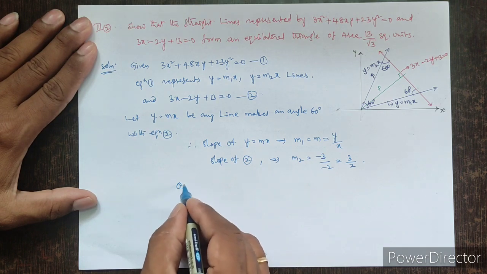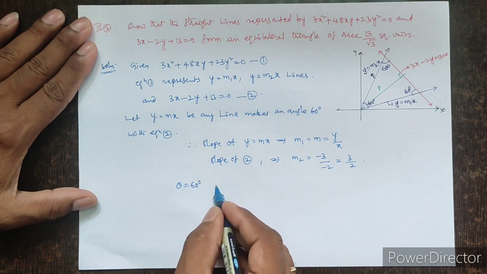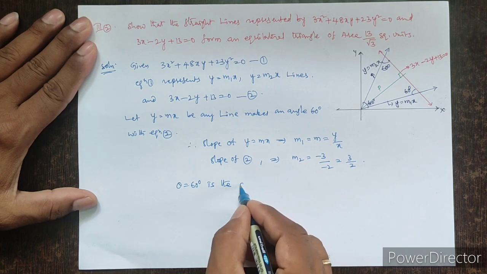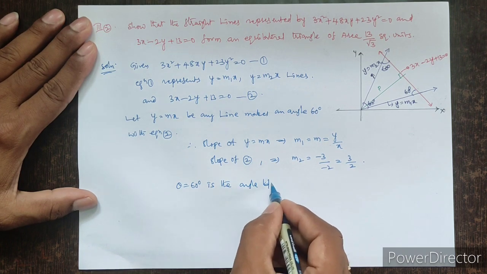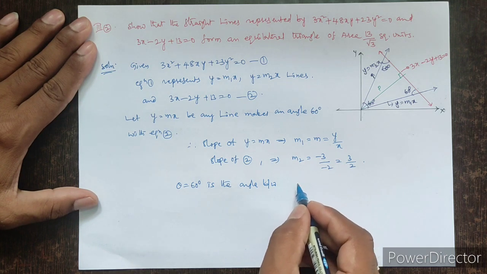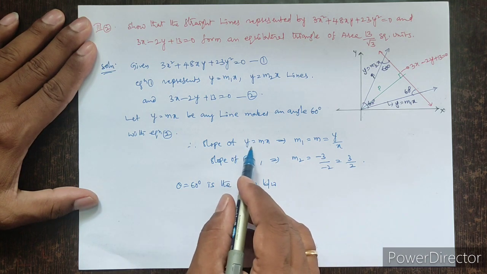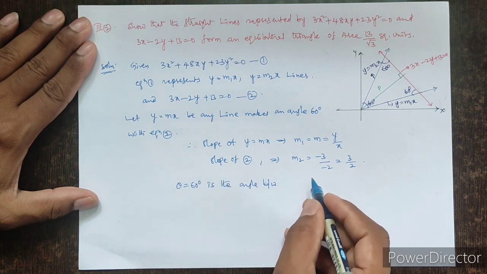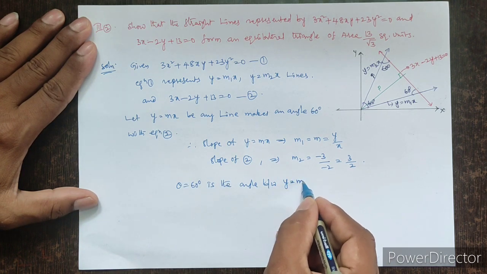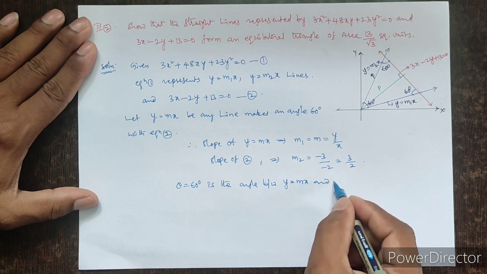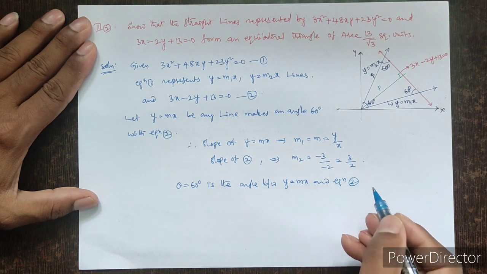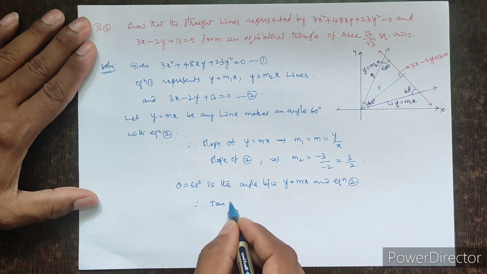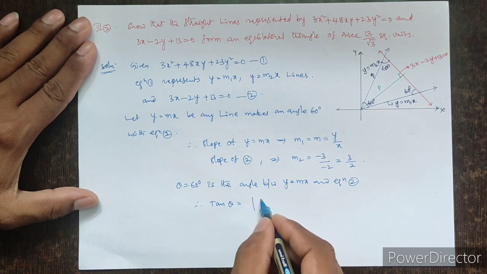Theta equal to 60 degrees. Let theta be the angle between y equal to mx and line 2, equation 2. Therefore, we already know the tan theta formula.